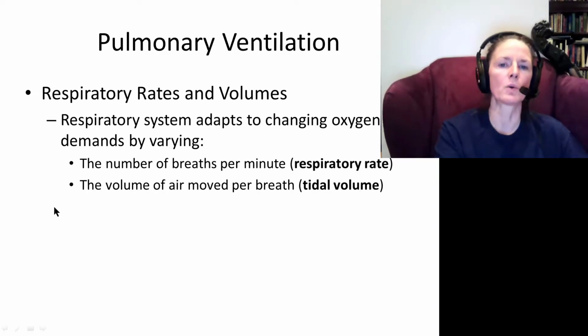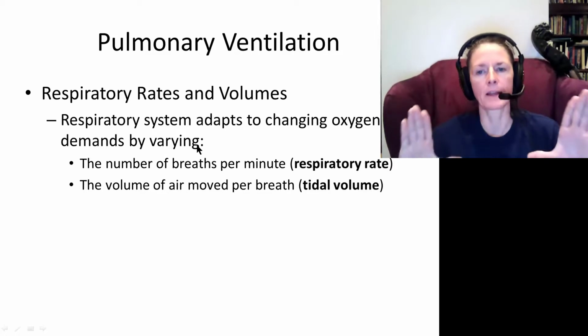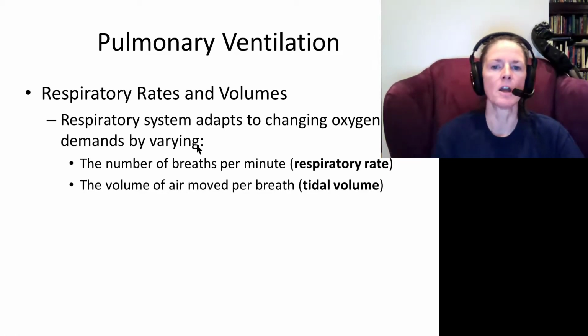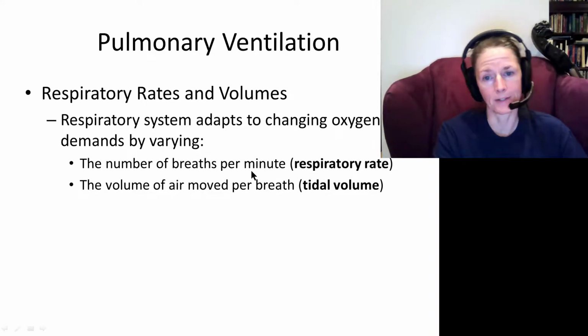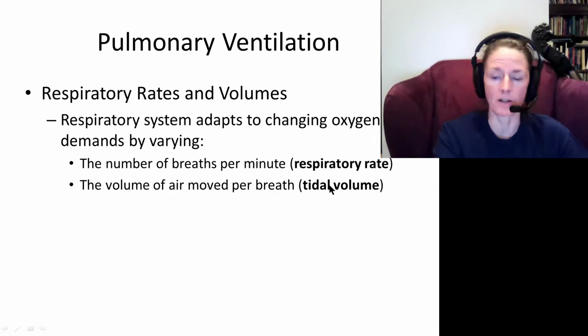All right, so when we talk about rates and volumes, we're going to be studying this a lot in lab. So I'm going to touch on it here, but we'll get into much more detail later on. The respiratory rate is the number of breaths per minute. The volume of air per breath is the tidal volume.